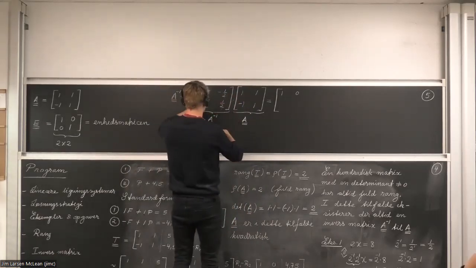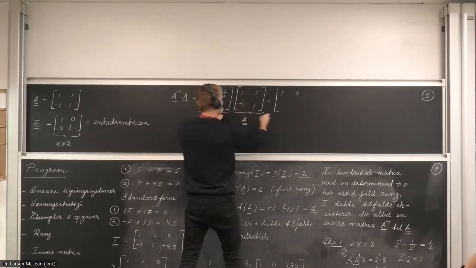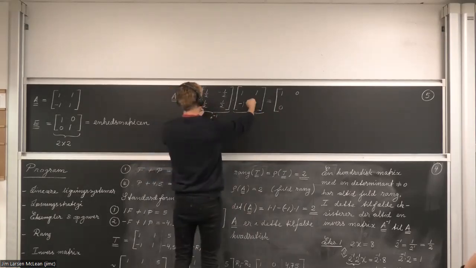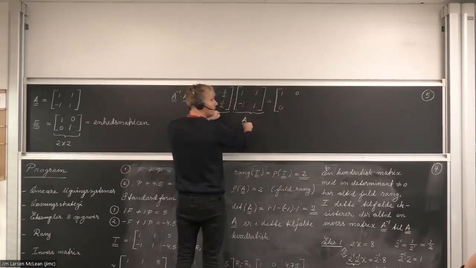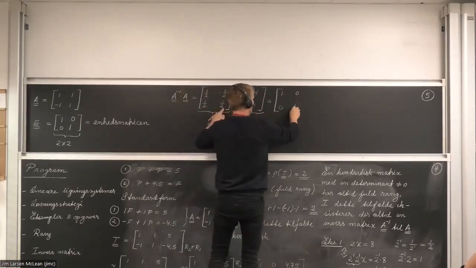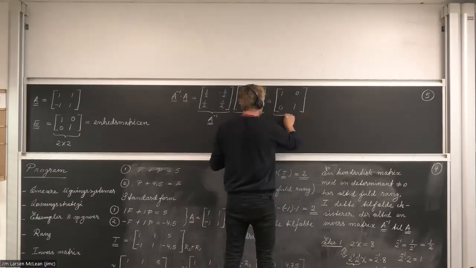So the left hand moves like this, the right hand moves like that. So I get 1/2 minus 1/2, that is 0. Then I take the second row, second column. This times that plus this times that. That gives 1/2 plus 1/2. That's a whole.